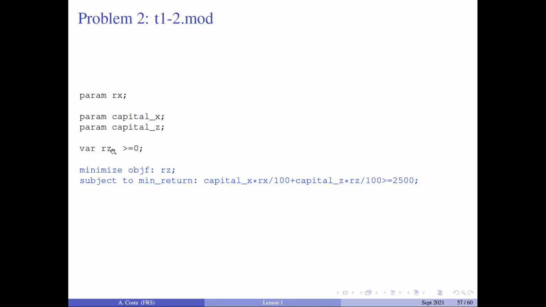And the new variable is the return of the fund Z that we want to minimize, right? And the new constraint is that the total return, that is 25,000 times the return of X, and these two we know already, plus 25,000 times the return of Z, which is now the variable we don't know, must be at least 2,500. Okay, so far? If you have questions, let me know.